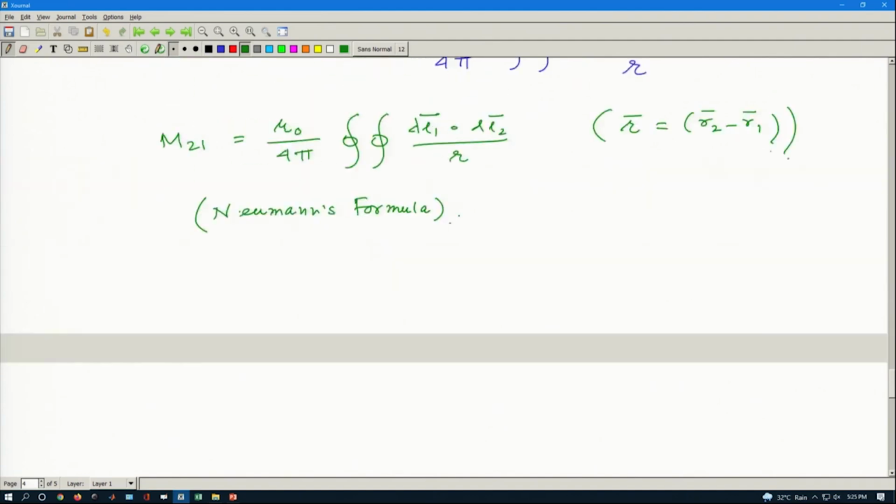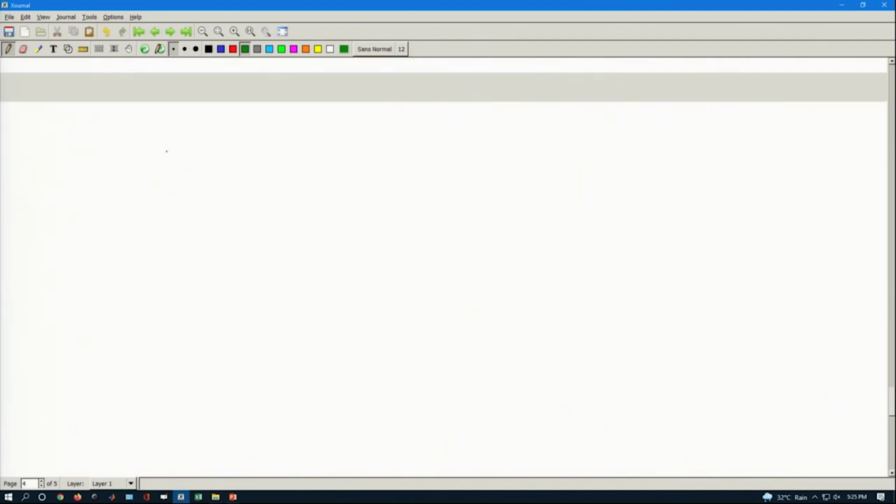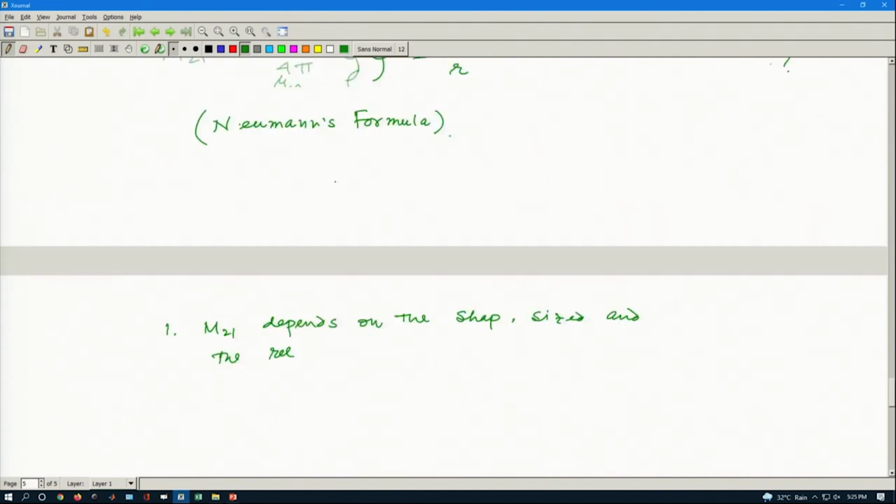Now, a few interpretations I can make. One, M21 depends on the shape, size and the relative position, because you can see the relative position R is sitting there.